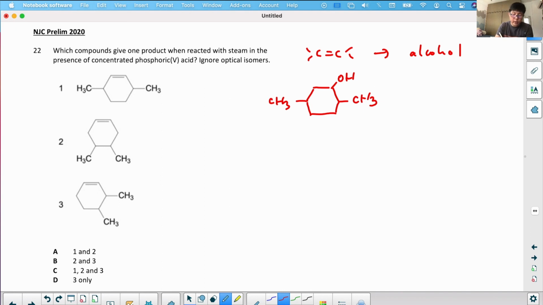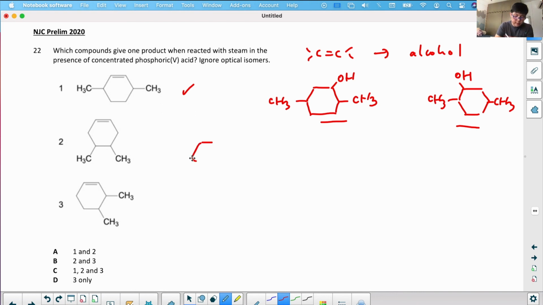Whether you put the OH on this carbon or on the other carbon is the same thing, because this molecule is totally symmetrical. They ask which compound gives only one product when we react with steam, and this one gives only one product, so they are the same.